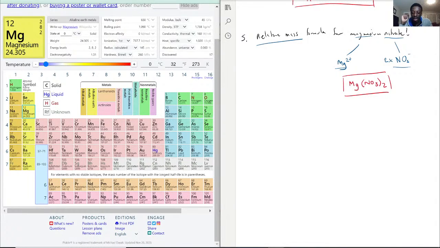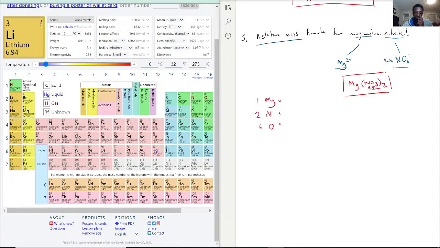Now, to find the relative mass, we have to add up the constituents. So we have 1 magnesium, 2 nitrogen, and we have to multiply like that. And so that means if we have 2 nitrogen, we have 6 oxygen, okay? Then we get the atomic masses for each.